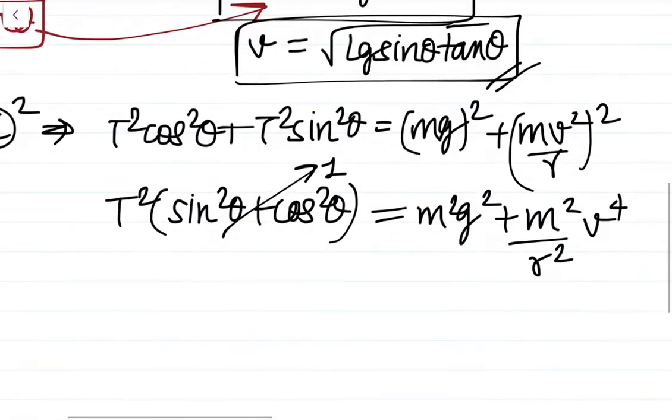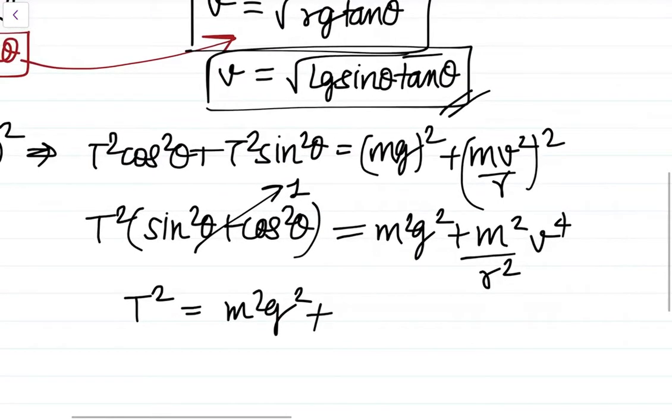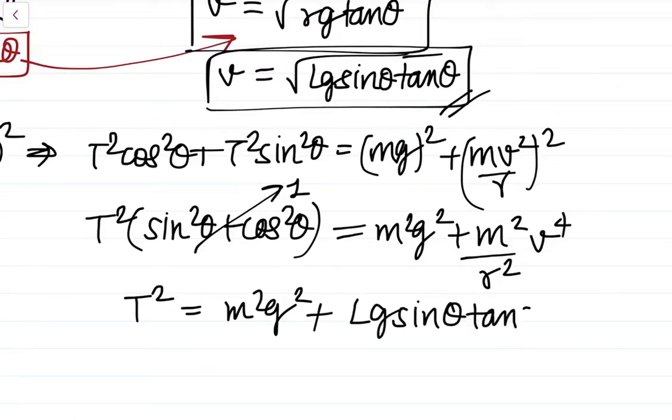Alright, so T squared is equal to m squared g squared plus, now v power 4 we can write as how much? (Lg sin theta tan theta) raised to power 2, from this equation, v power 4. And r squared we can write as how much?